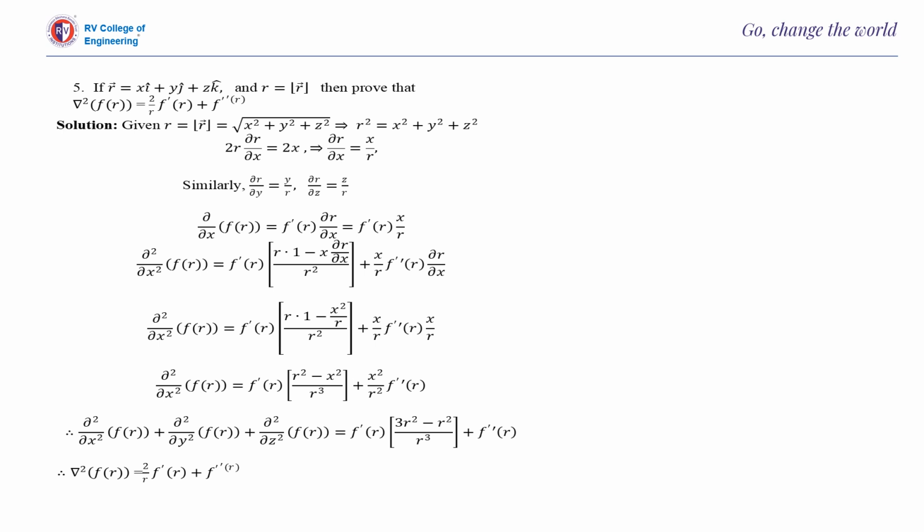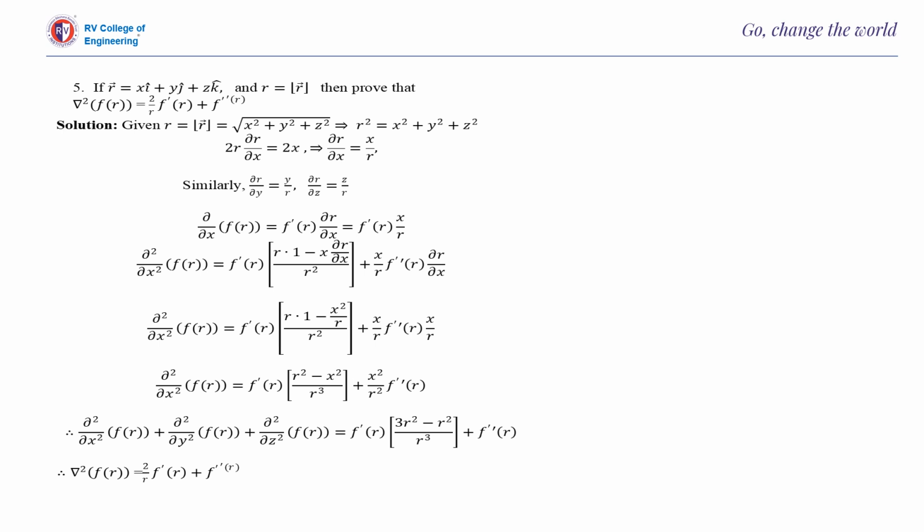When you differentiate the function f of r with respect to x, first we differentiate with respect to the function, f dash of r, and then with respect to r as dou r by dou x. As we have the relation r square equal to x square plus y square plus z square, thereby dou r by dou x is x by r.